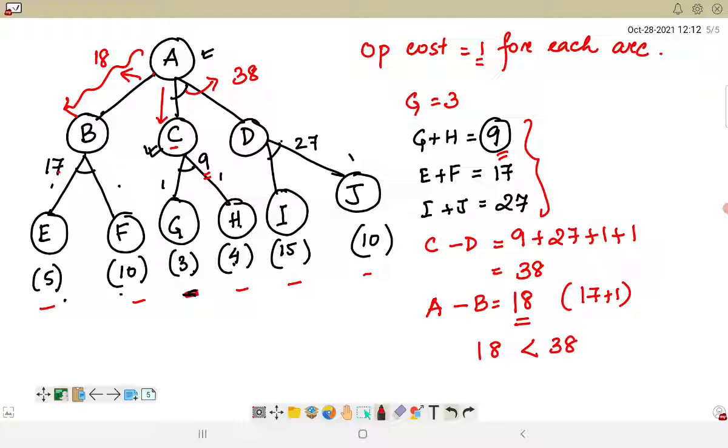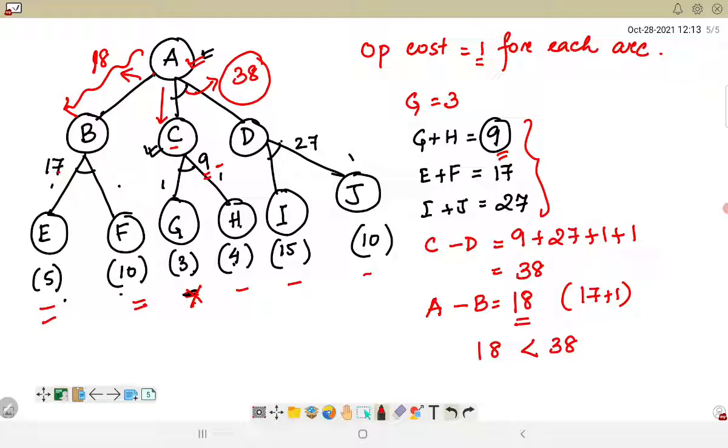We should either examine the node E or node F in order to solve A. Even though the most promising successor node or value we got here was 3 initially, as well as in the second step we got 9 through C, this will not be a very good solution, because ultimately the cost is very high as compared to the expenses generated from opting for the other solution, which is through AB.